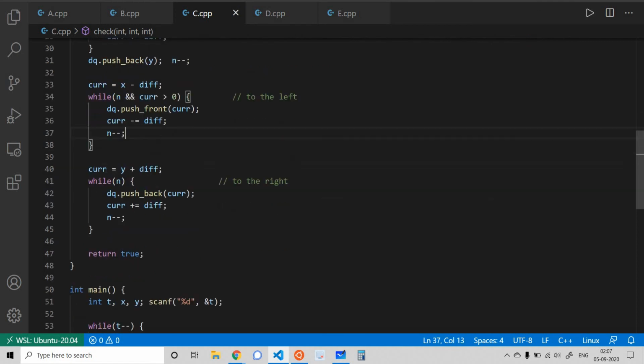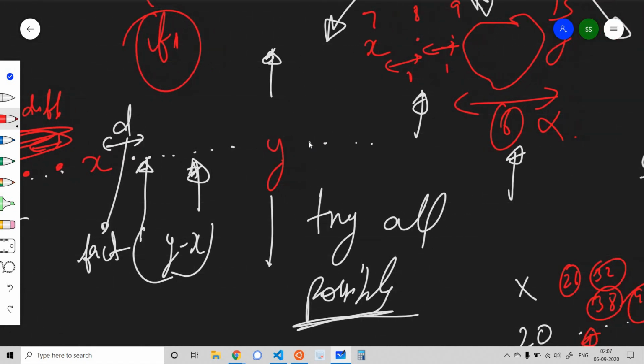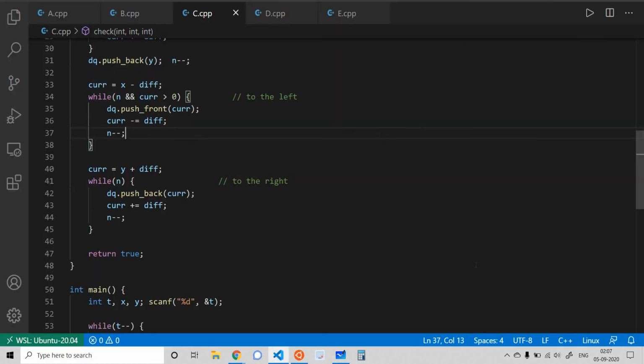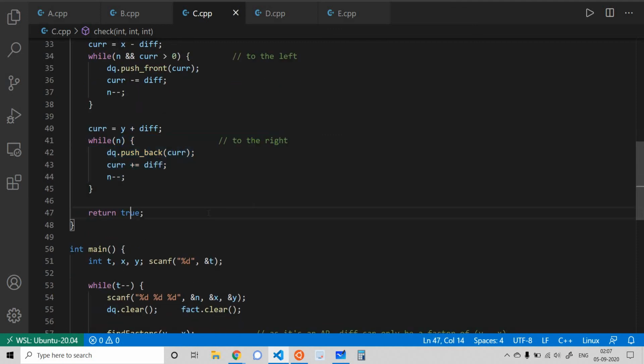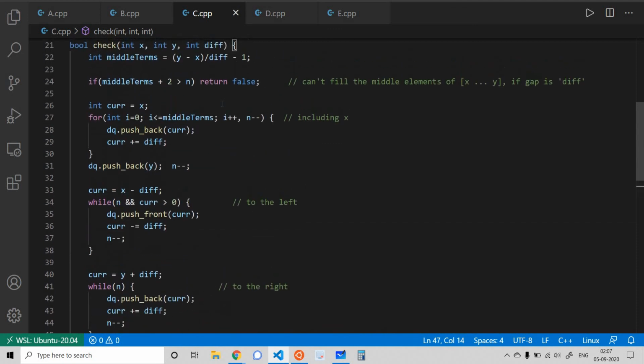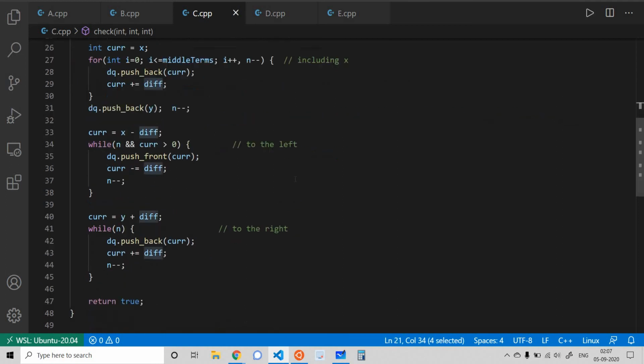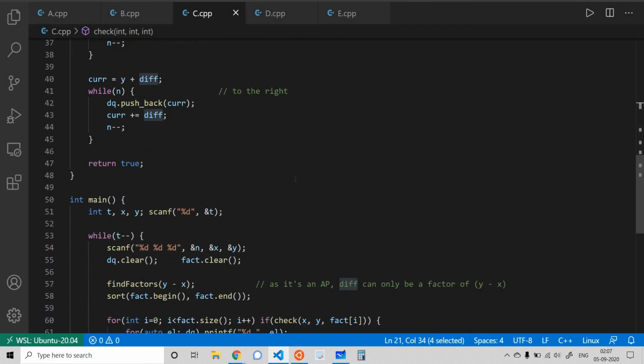After that, if I'm still left with a few elements, then I need to put them on the right side of y at the difference div. I'll keep placing them till I'm left with 0 elements. So yep, I've done this part here and I've returned true, as it signifies that this factor can be used as a difference between adjacent elements.